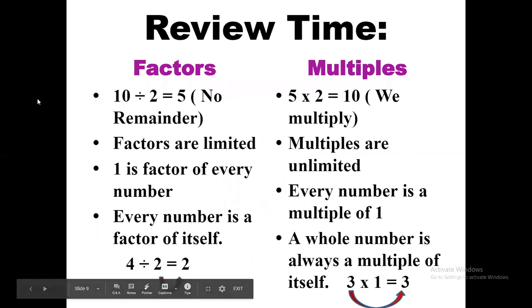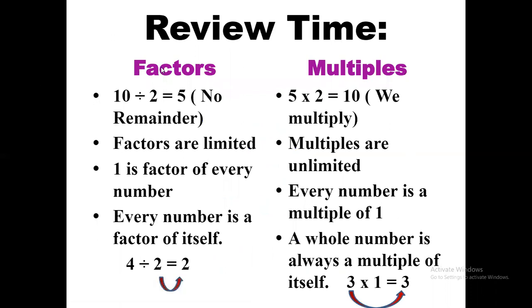Okay, sum up your lesson. What we have done today, it's a review time: factors, and then multiples. Before sharing the definition again, I hope you have observed Fruit Ninja, or if you have played that game, you have noticed one thing.